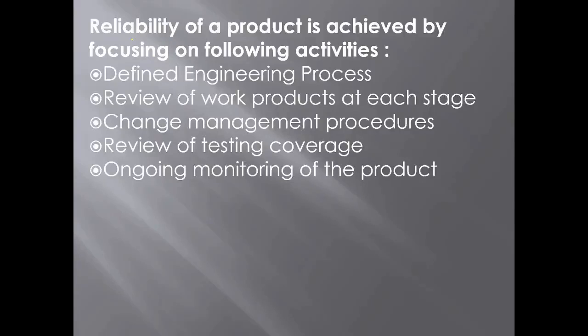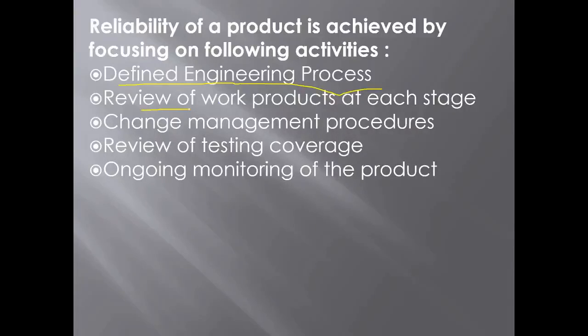Now the reliability of a product has some processes, like a defined engineering process. These are some steps which will prove that the product is reliable. Defined engineering process means software reliability can be achieved by following a clearly defined process. So you need to define clearly what exactly the process is.